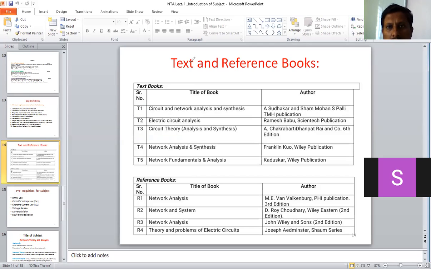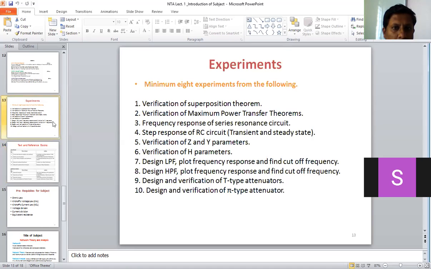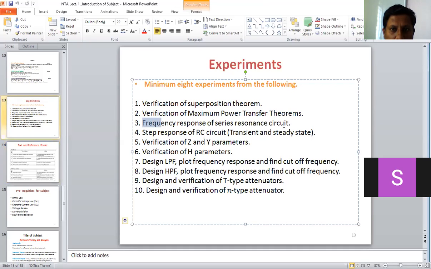Next, one experiment will be there based on this unit number 2: frequency response of series resonance circuit.